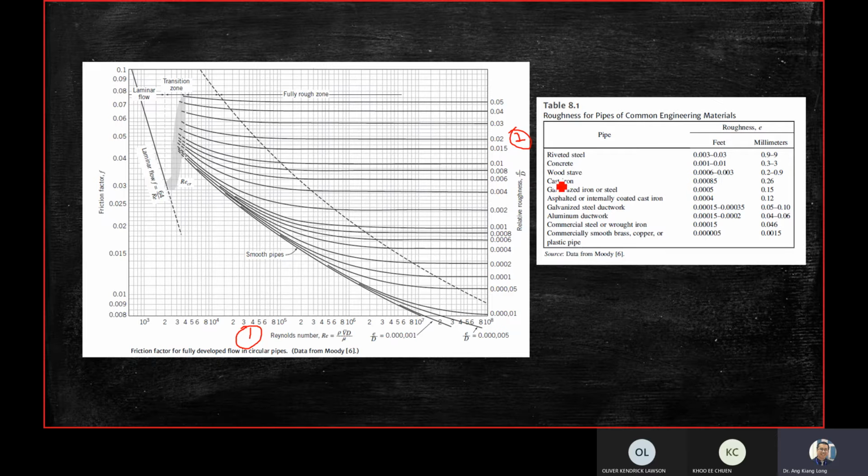So let's say you use cast iron. What is the value of roughness? Ku, if you look at the screen here, what is the cast iron roughness value? What is the roughness e value?